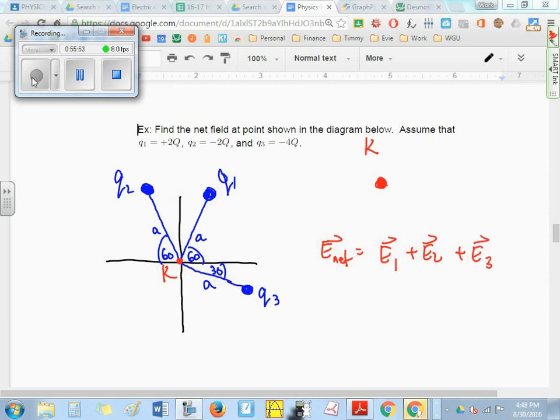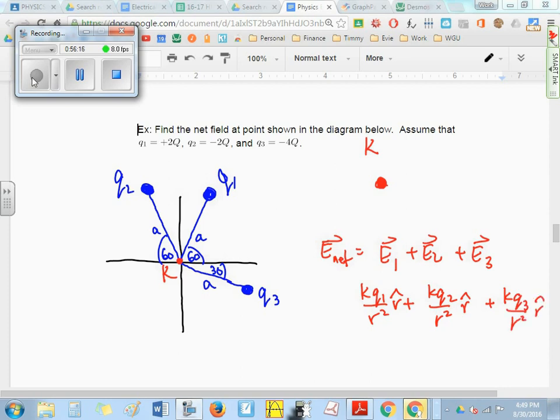All right? And so we're going to assume all this is two-dimensional also. Nothing's like out towards us. There's no z-axis. Okay, so this is just going to be KQ1 over R squared times R hat, plus KQ2 over R squared, that's going to be R hat, and then KQ3 over R squared, and that's R hat.